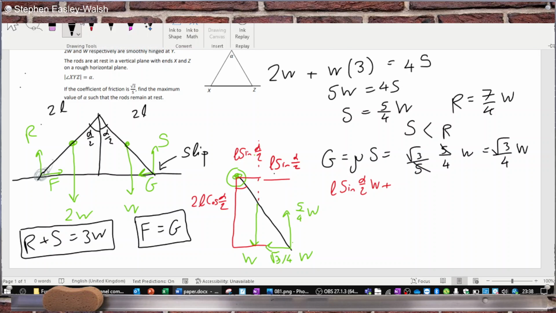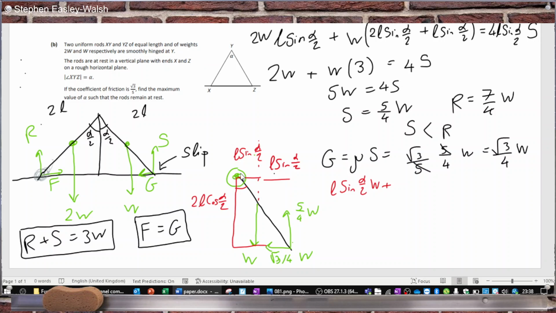Right, let's pick it up from here. So that one was that one there, and then the next one is 2L cos alpha over 2 root 3 over 4W equals 2L sine alpha over 2 5 over 4W. So I'll just divide it all now in one go. So divide by L, W, and cos.